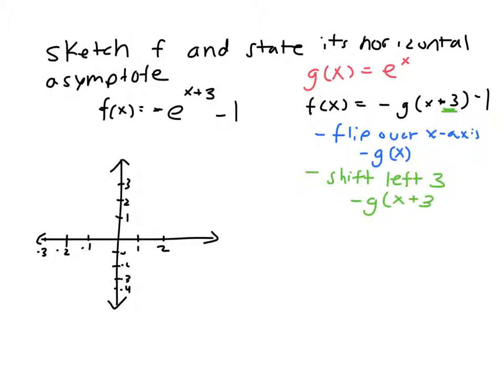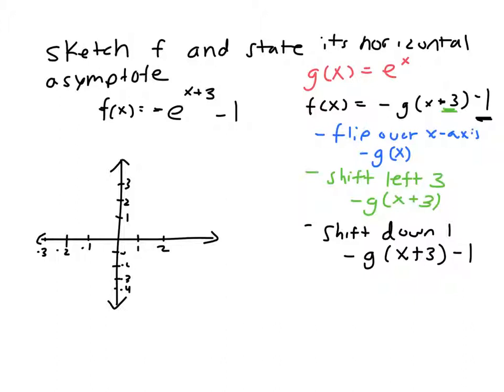Lastly, I'm going to do this minus 1 that's on the end, and that is a shift down 1. I forgot to end those parentheses. So that will be negative g of x plus 3 minus 1, which gives me the function f of x.